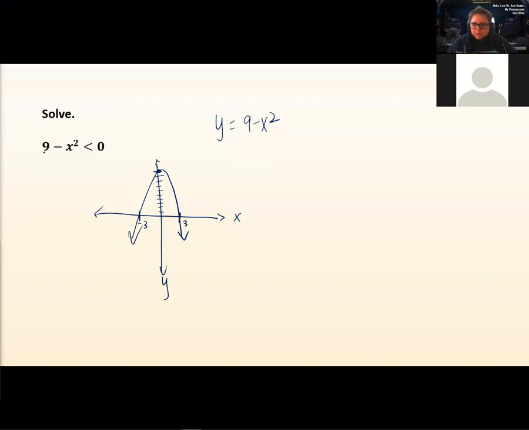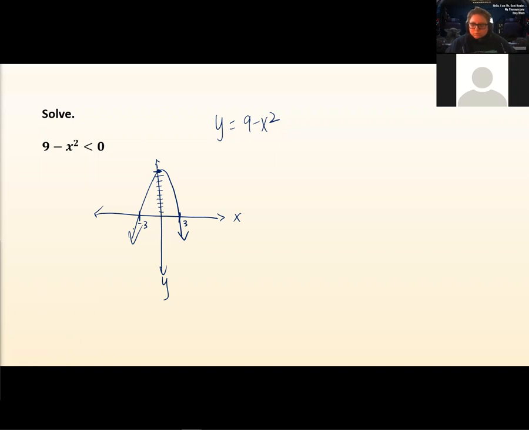So where is 9 minus x squared less than 0? Should we write it as y equals 9 minus x squared is less than 0? I guess from -3 to 9.